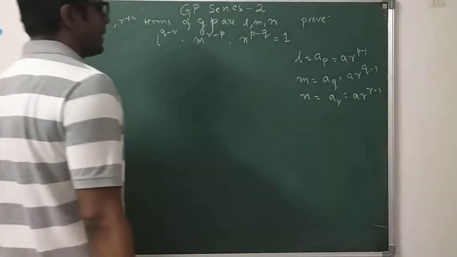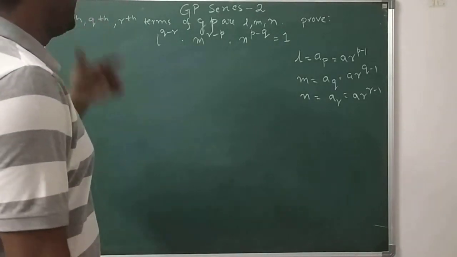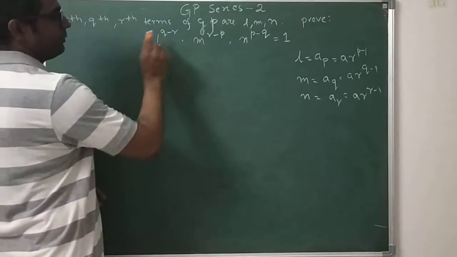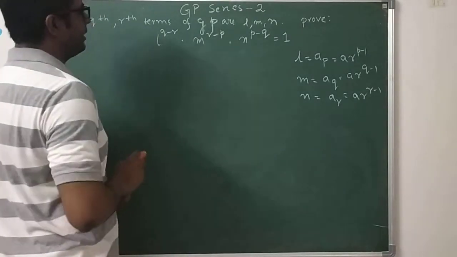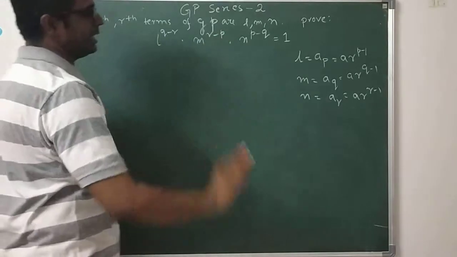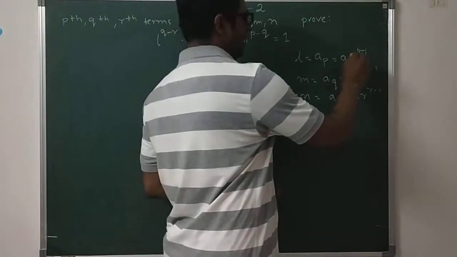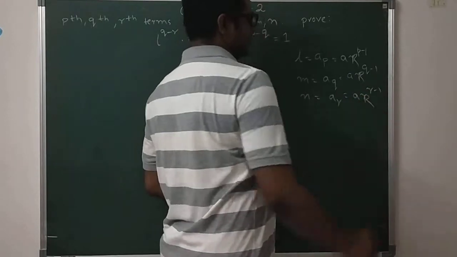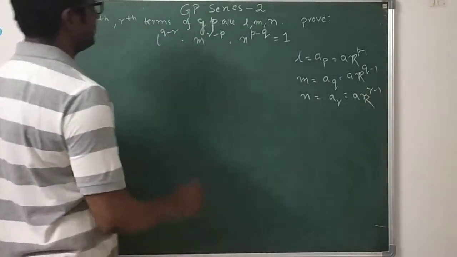Correct? So, now we'll put the values over here. Remember, this R and this R are not the same, so I'll have to change it to capital R for simplicity. ठीक है?